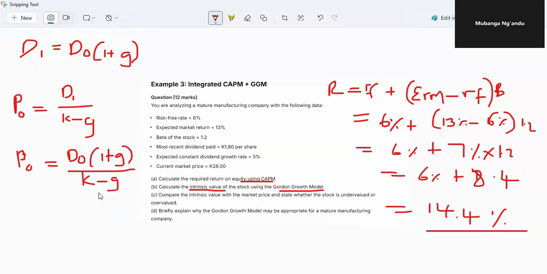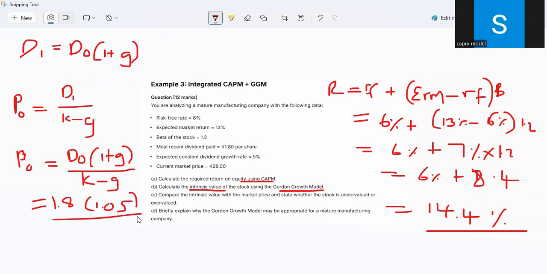What is our D0? It's 1.8. Then the growth is 5%, so 1.05.